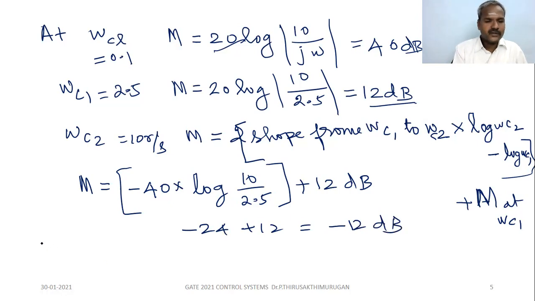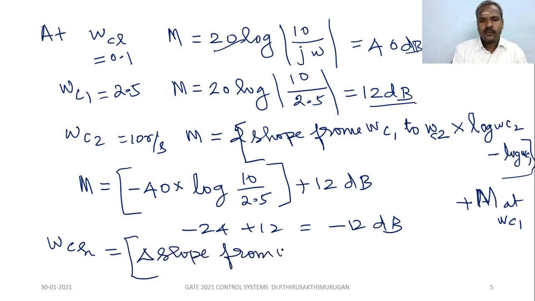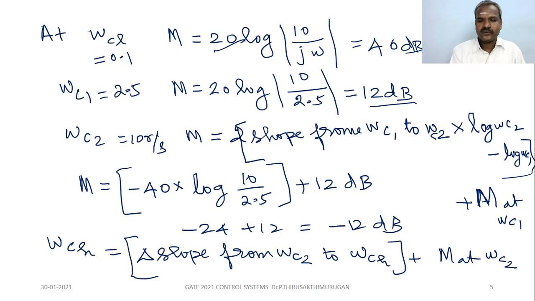Then magnitude at omega CH equal to slope change from omega C2 to omega CH, plus magnitude at omega C2. Understand? What is the slope change from omega C2 to CH? Minus 60.